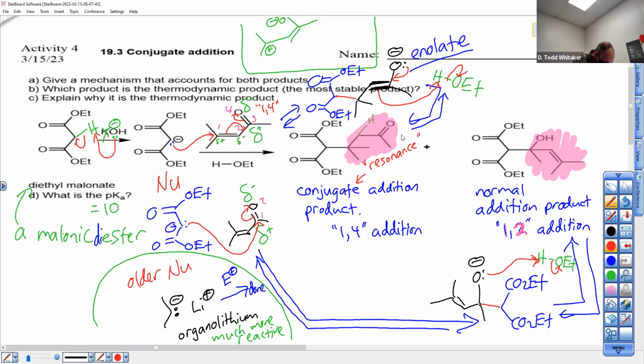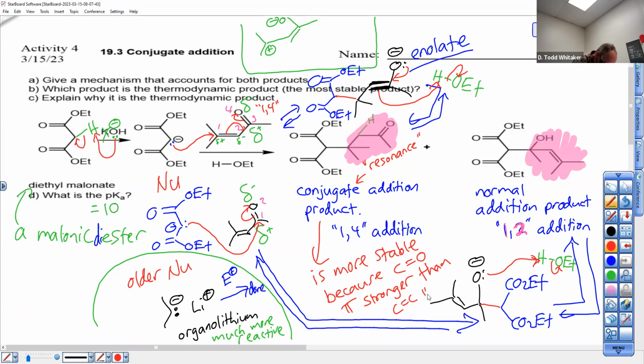The conjugate addition product is more stable because the C double-O pi is stronger than, and you're comparing it to, the C double-C pi. There's a C double-C pi, right? There's a C double-O pi. I like C double-O.